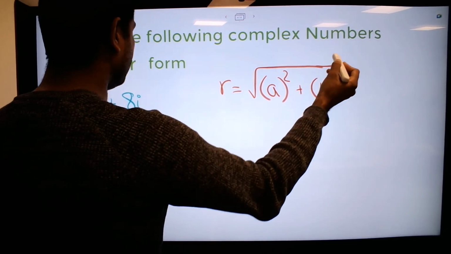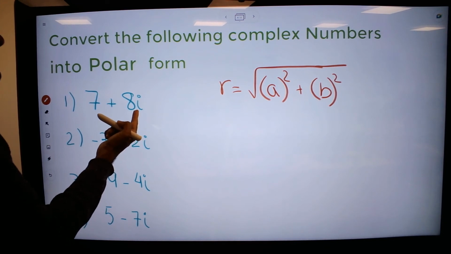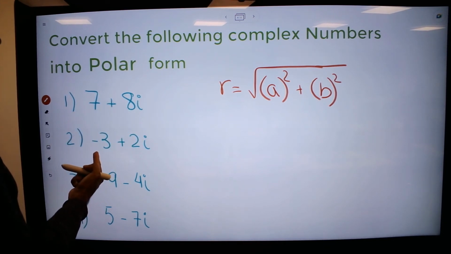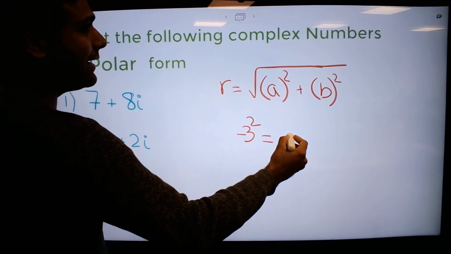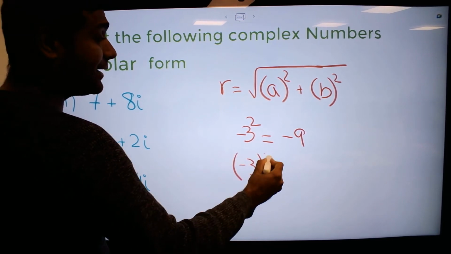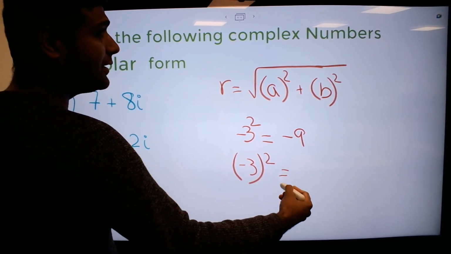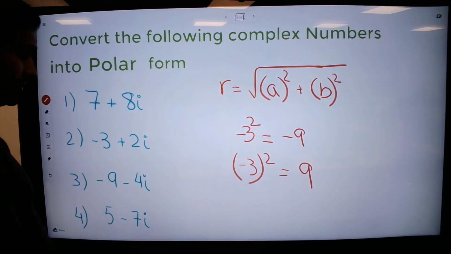Now I put the bracket. Why? Because here the a value is 7, the b value is 8. But when the a value is minus 3, if you do minus 3 square like that, it will give you minus 9. But if you do minus 3 in brackets and square, that's how you should do the second one. It will give you the answer 9.